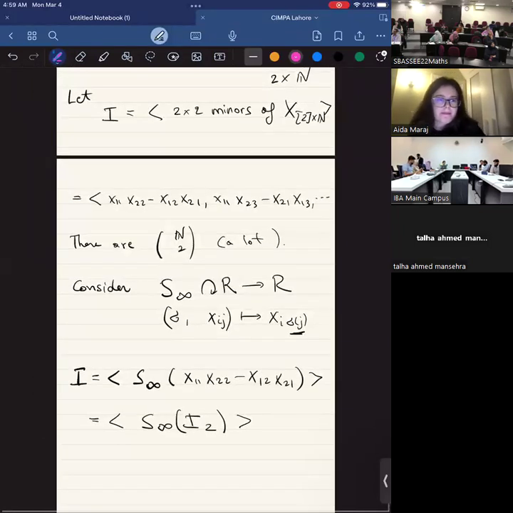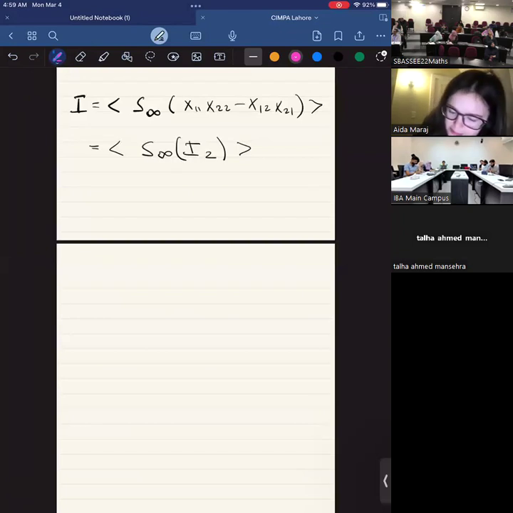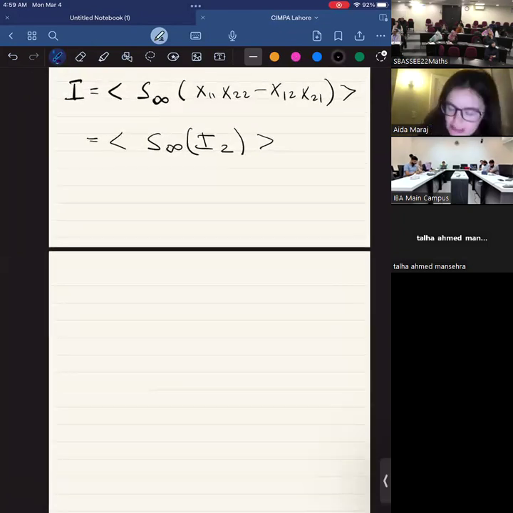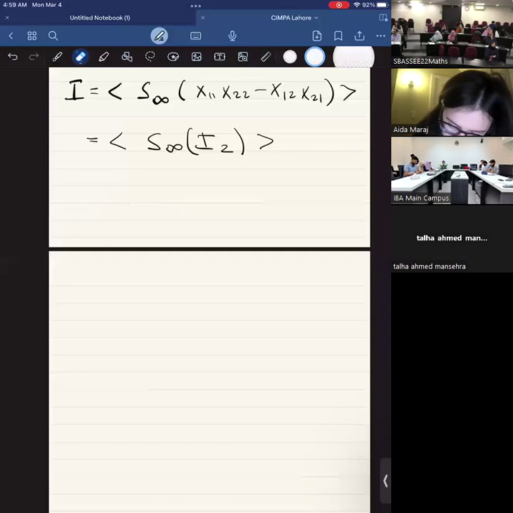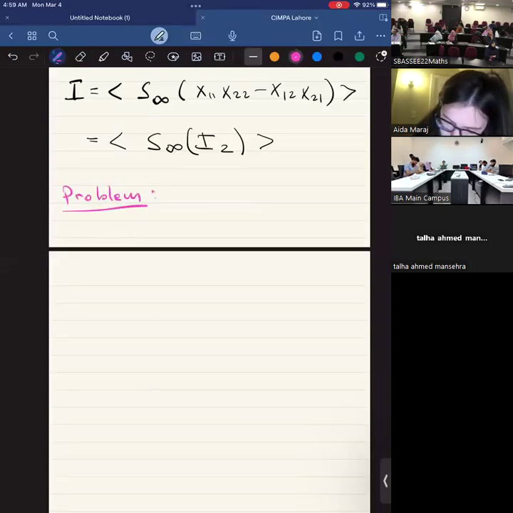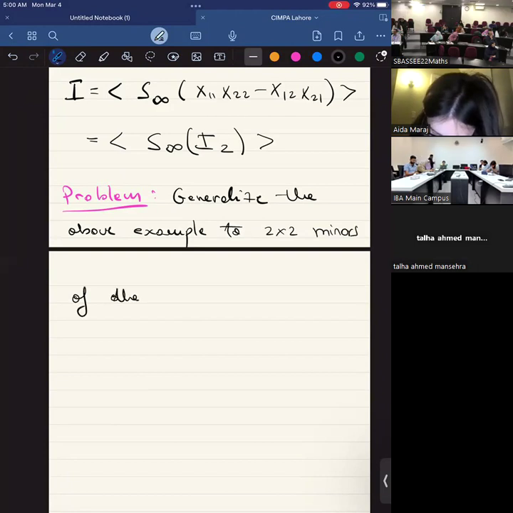Okay, so maybe to work out outside of this hour, a question or problem: generalize the example above to, let's say, 2 by 2 minors of the x c times n matrix.